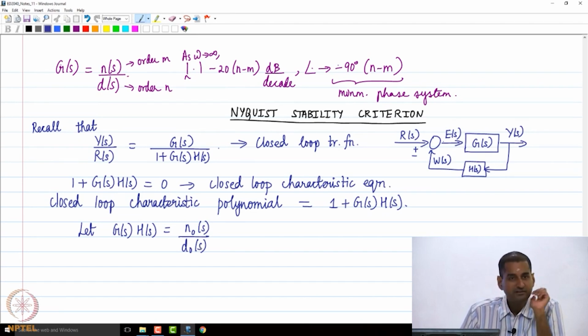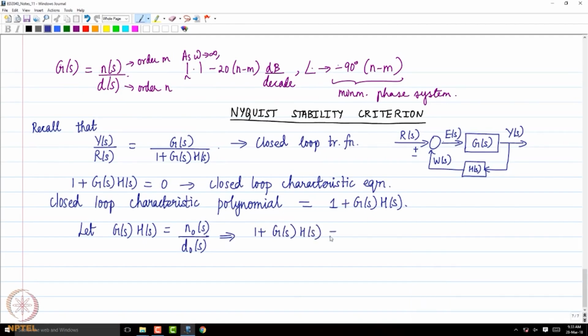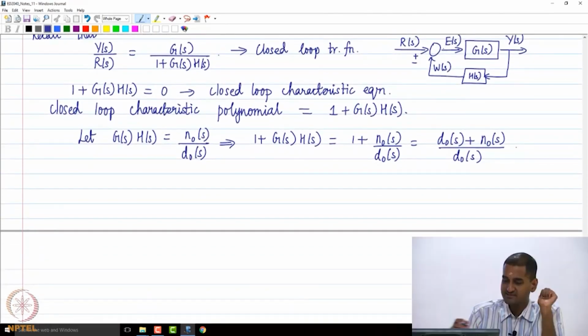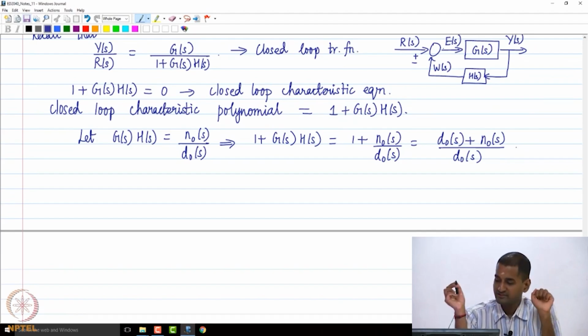So, this implies that 1 plus G of s H of s is equal to 1 plus N_O of s divided by D_O of s, which is nothing but D_O of s plus N_O of s, divided by D_O of s. We will see why I am doing all these things, because I want to set some terminology in order before we go further.